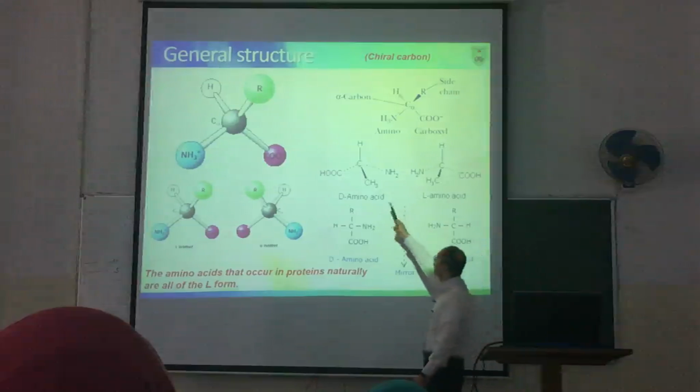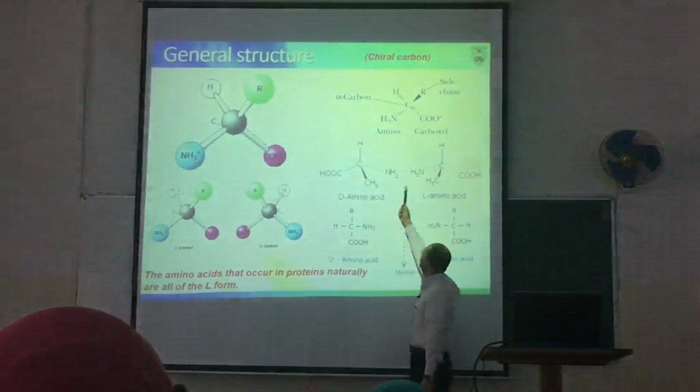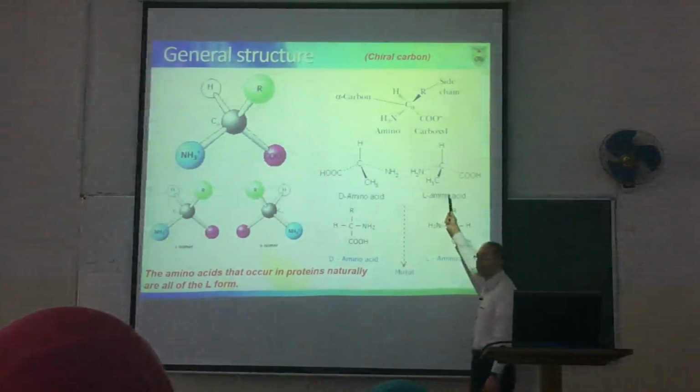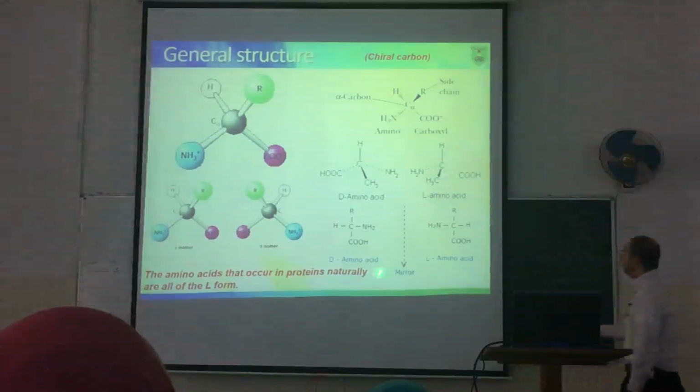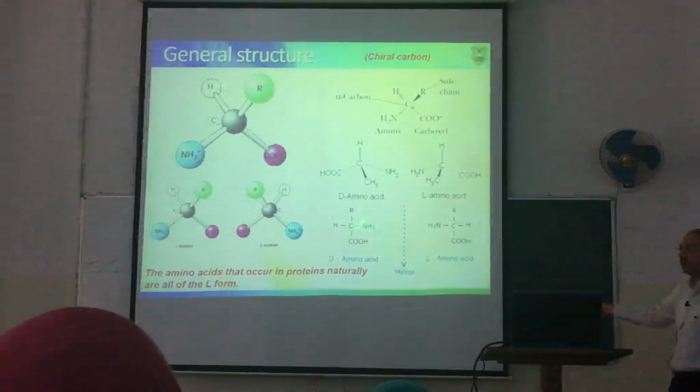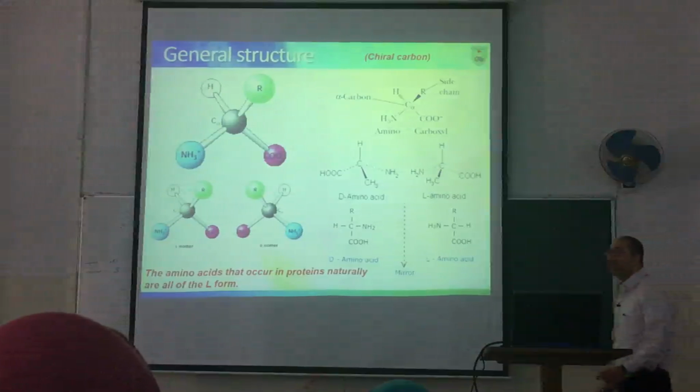فلما يكون الامينو جروب to the right بنسميه D amino acid، لما يكون to the left بكون اسمه L amino acid. اوكي؟ فبنسميهم D and L amino acids.